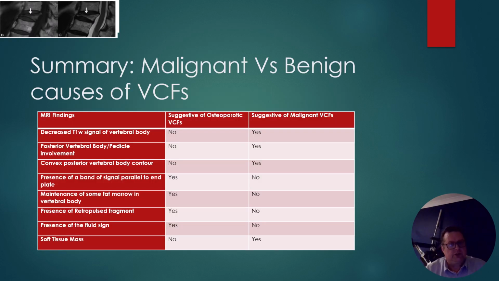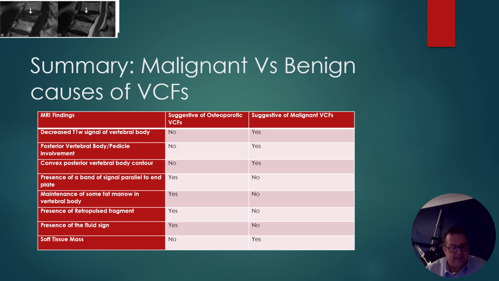So, to conclude our whistle-stop tour, when we are looking at an MRI scan of patients with vertebral compression fractures, we need to be aware: is there a change in the vertebral body signal? Is there involvement of the posterior elements, so the pedicles and the posterior part?